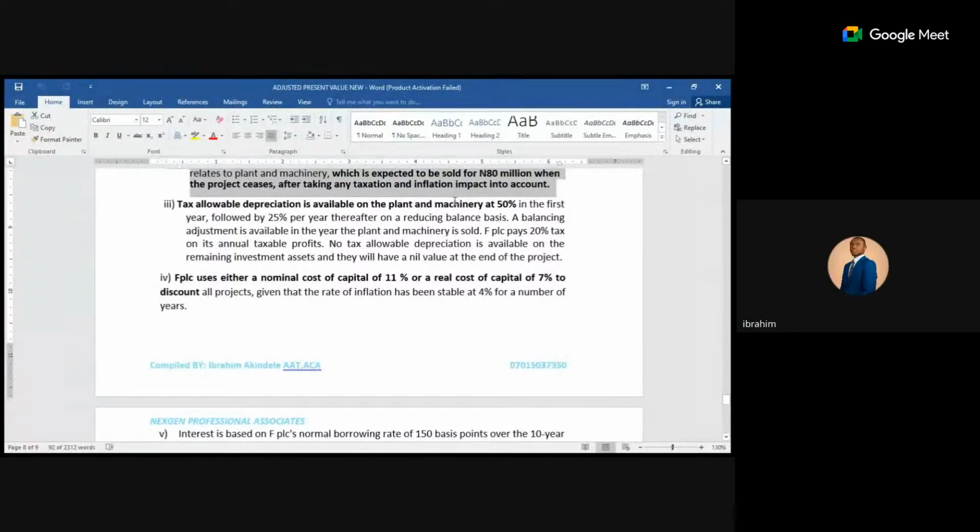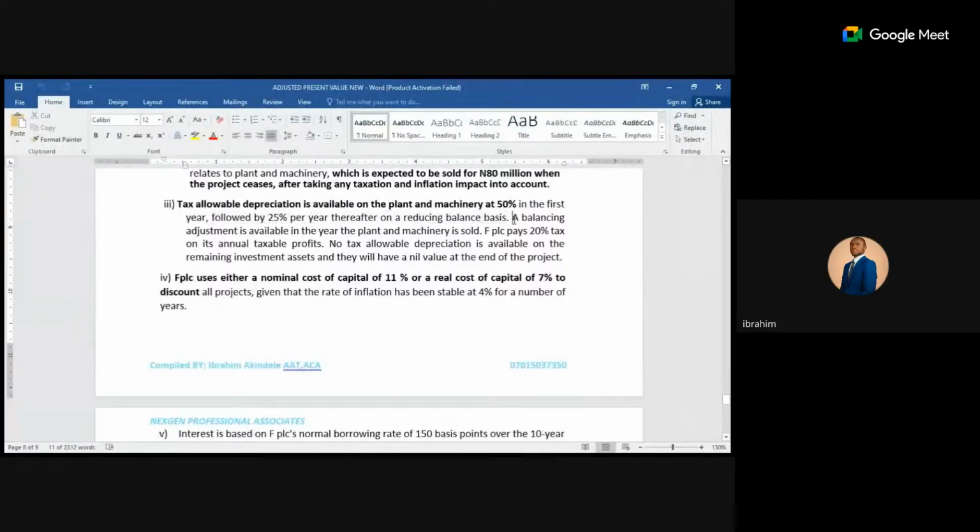Thank you. Now, the tax allowable depreciation, which is the capital allowance, will be 50% in the first year. Then thereafter, you have to use 25% on reducing balance basis.